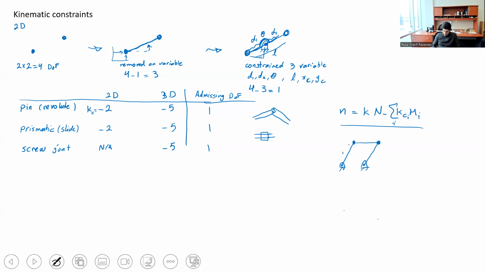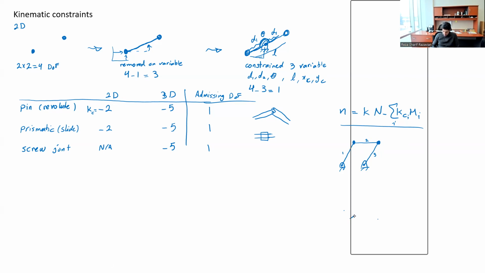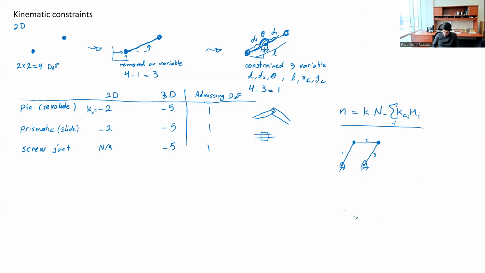I have 1, 2, 3 bodies, and another body being the ground. So essentially I have 4 bodies.